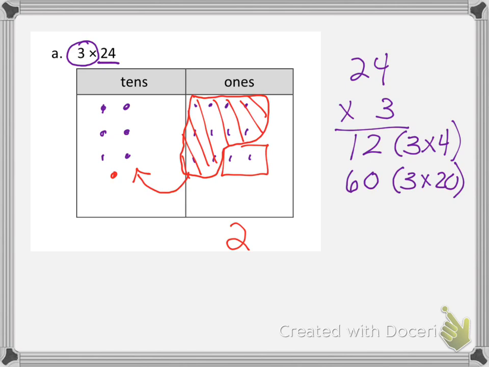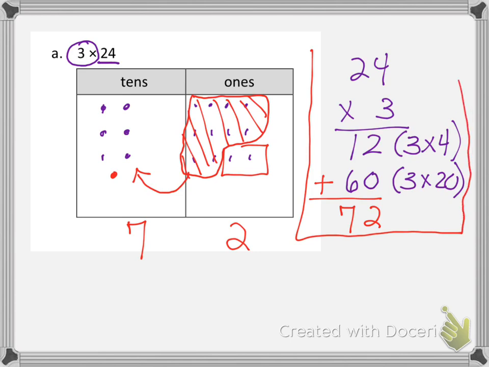And because we cashed that over, we did remain with our 6 10s, but we added another 10. So now we have 7 10s. So let's look to see what it looks like over here. 2 plus 0 1s gives us 2. And 1 10 plus 6 10s gives us 7. So 72.